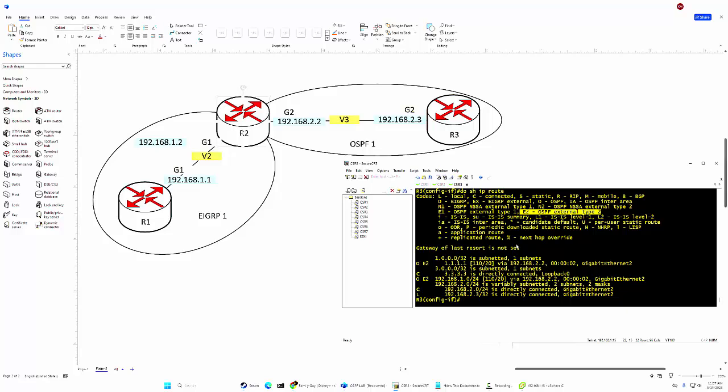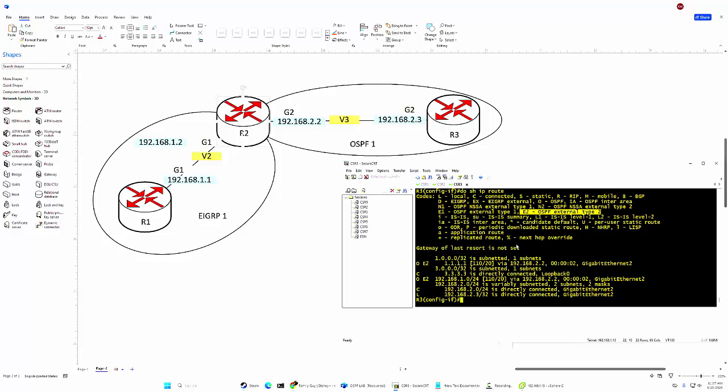Now, the difference between E2 and E1 is if I had more routers in the OSPF domain, like daisy chained, the metric is never going to change with E2. That means every place in your domain has the same metric to reach that route.